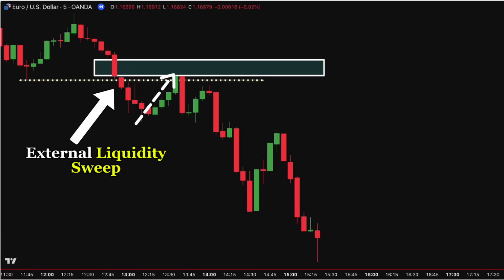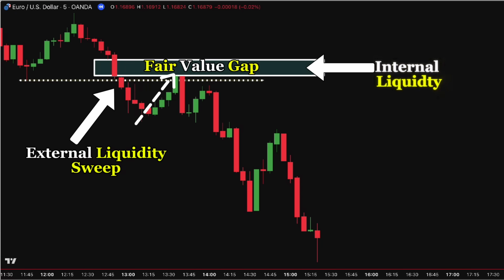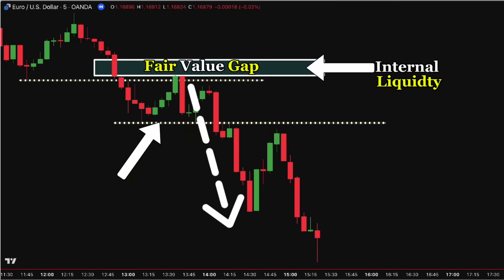After that liquidity grab, price quickly retraces upward, but it doesn't just go anywhere. It heads directly into a fair value gap, which is our internal liquidity zone. This upward retracement is part of a classic rebalancing phase, where the market looks to fill in inefficiencies left behind by aggressive moves. Once that internal liquidity is filled, notice how clean that touch is. Price reverses again, this time dropping lower to target external liquidity below the next major low. And just like before, as soon as that external liquidity is swept, what happens?